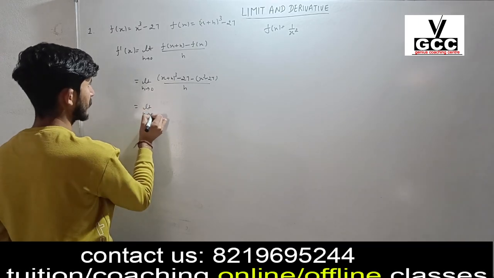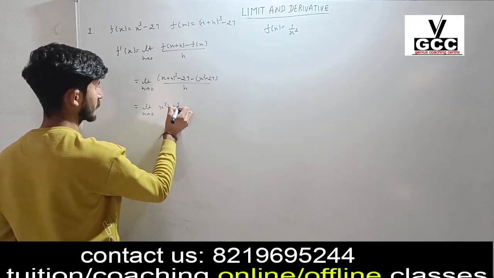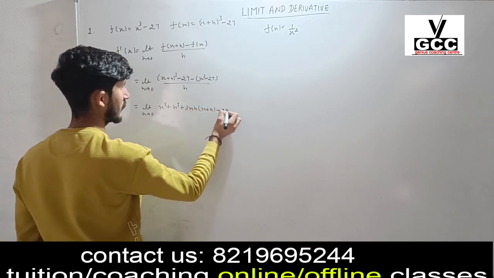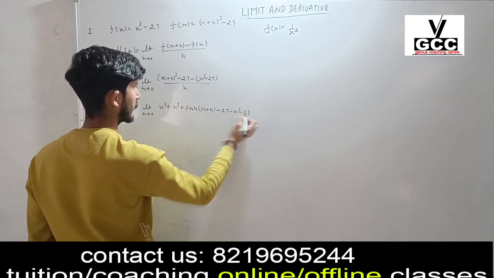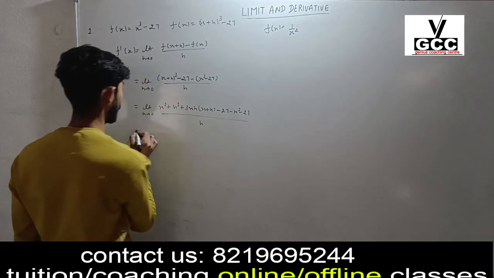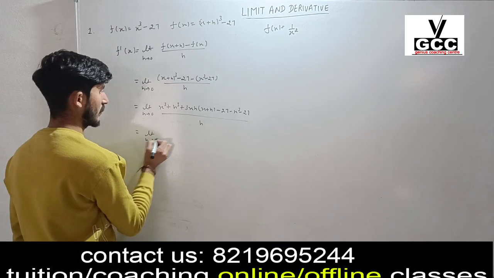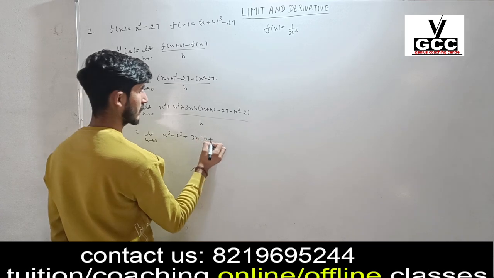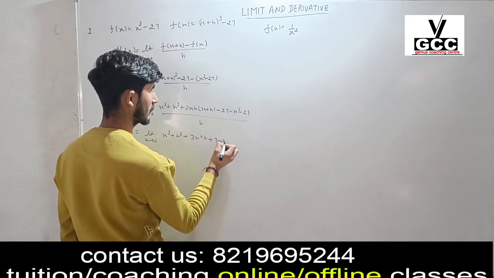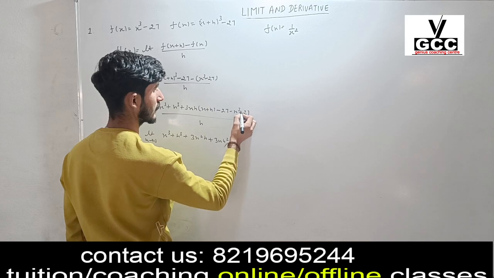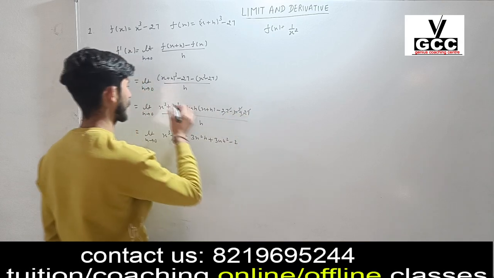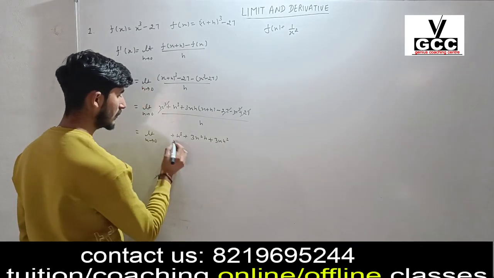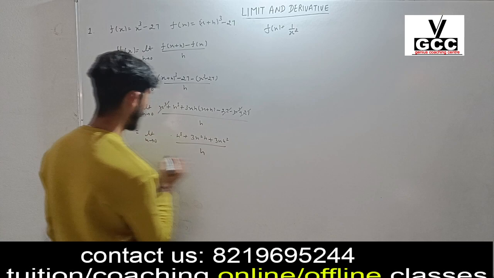Now solve this, we get after solving x cube plus h cube plus 3x square h plus 3x h square minus 27 plus 27 cancelled, x cube cancelled, we will not have x cube left, whole upon h.